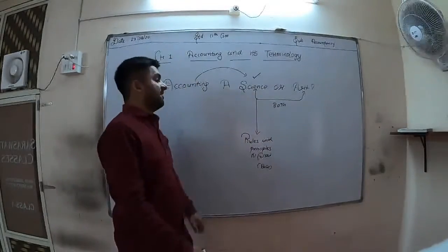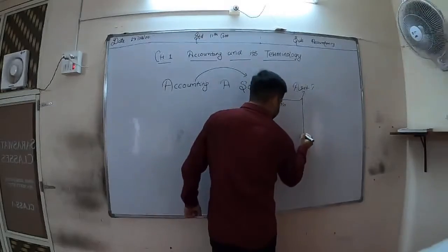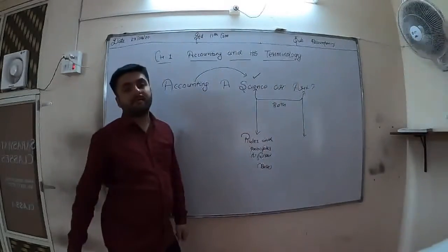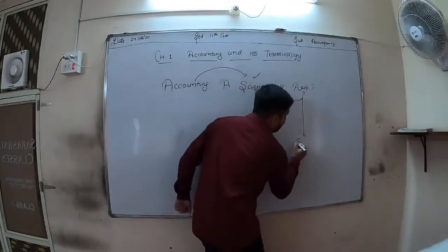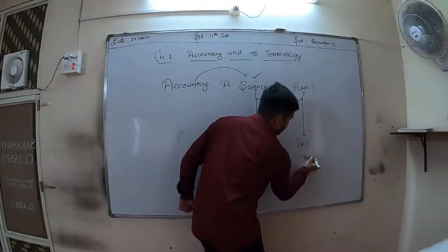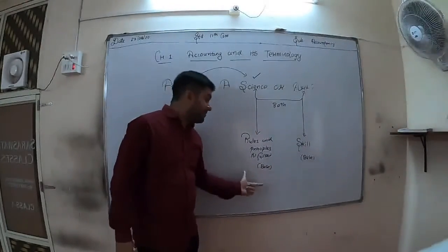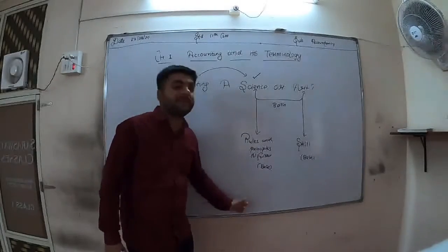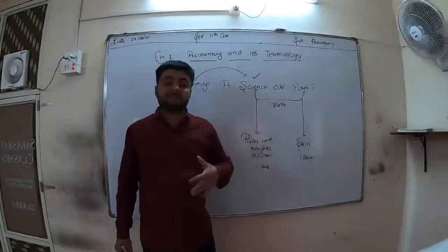Okay, friends? Now let us take the concept of art. In art, what you require basically is a skill. Friends, in science, you have rules and principles as base. In art, you have your skill as base.